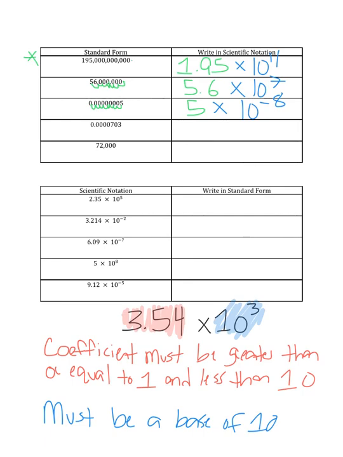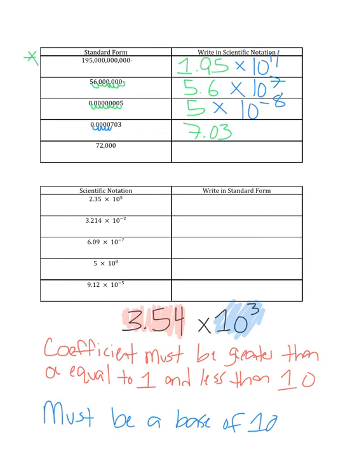For that next one, once again, we're dealing with a very small number, and you might have caught on to the pattern. We're going to be dealing with a negative exponent. So let's first make this a number in between 1 and 10. So once again, we're moving our decimal point over. And when we do that, we should end up with 7.03. And it is important, 7.03 is a number in between 1 and 10.